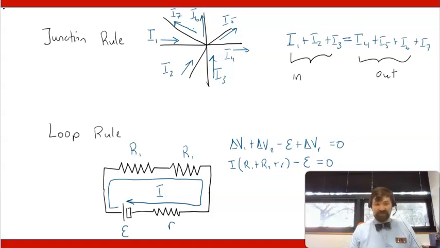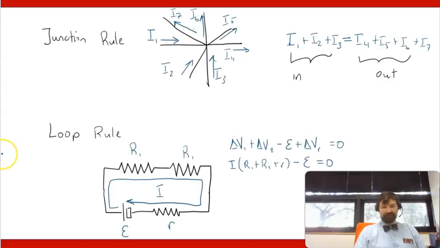As long as you're consistent, it will work. So this little thing about conventions basically means I should give you a set of conventions that you can follow for the loop rule. This is not the only convention. It is possible to do it other than the way that I am teaching it.